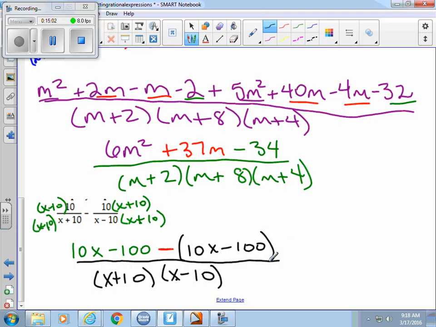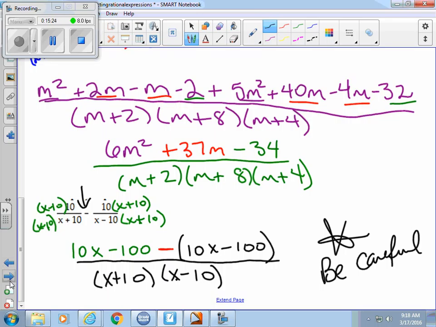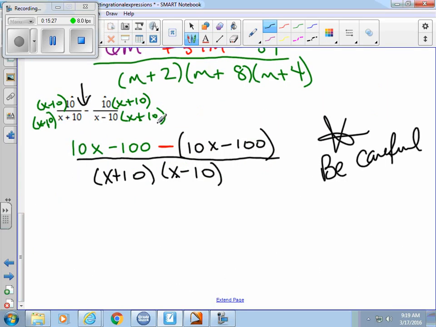So before I put it with everything on top, there's a parenthesis there, just an understood parenthesis. Does that make sense? So just be careful, star that in your notes. Anytime you have subtraction, that negative goes with everything on top of the second fraction. So the 10x's cancel. And did I do that right? Oh, oops. I didn't make a mistake. I said I made it. This was a plus, wasn't it?